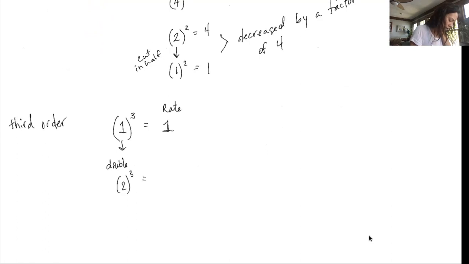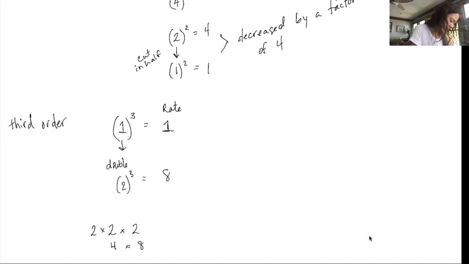And isn't that 9? 2 times 2 is 4 times 2 is 8. That doesn't make sense. Something's wrong. What am I doing wrong here, y'all? Okay, let's do that. Factor of 8.